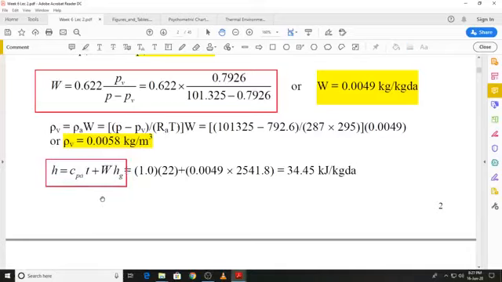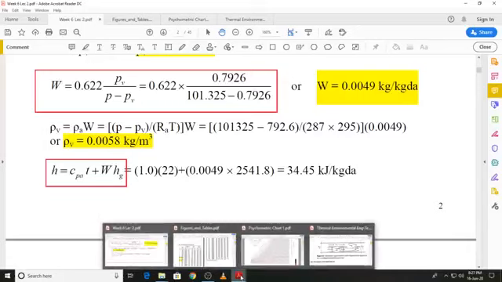T is the temperature in degrees C. W is the humidity ratio, and Hg is the enthalpy of saturated vapor at the given dry bulb temperature, which again is obtained from table A1.